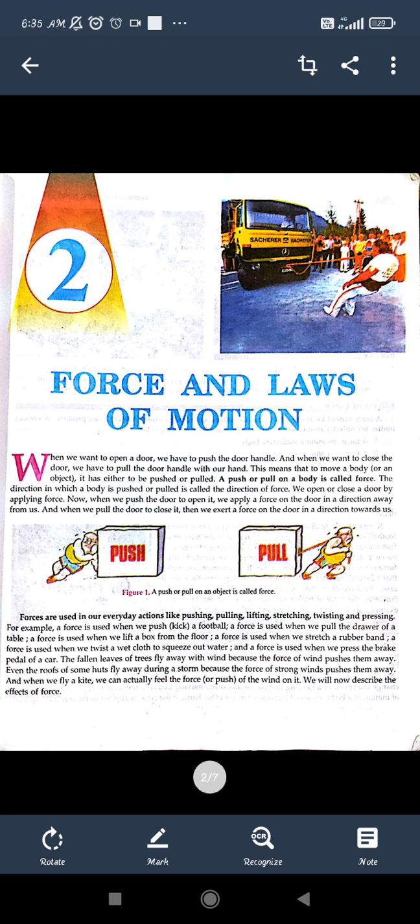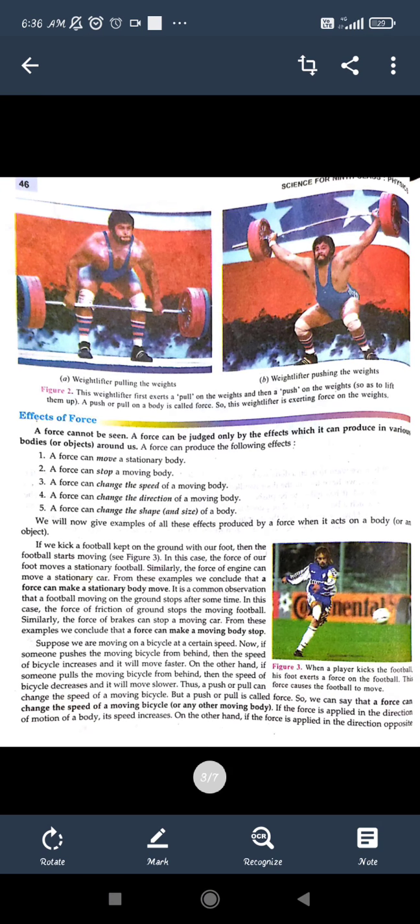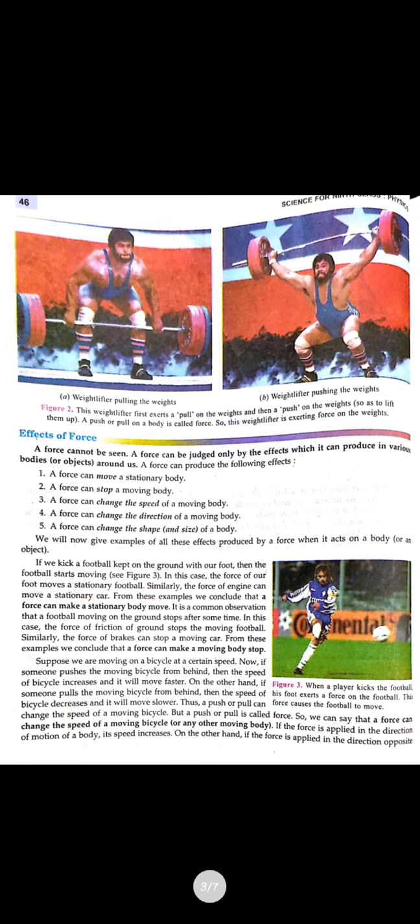So force is an external effect through which a body can move. It can be the action of lifting, pressing, or moving an object. Here you can see that a person is lifting the weight, so it is also a force.